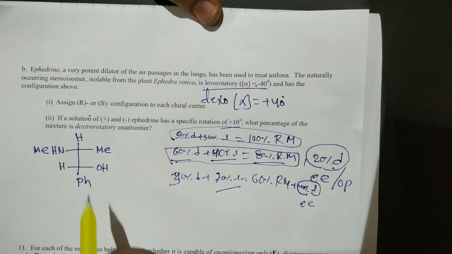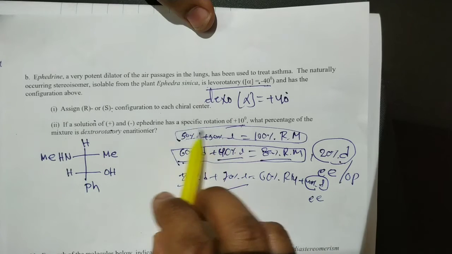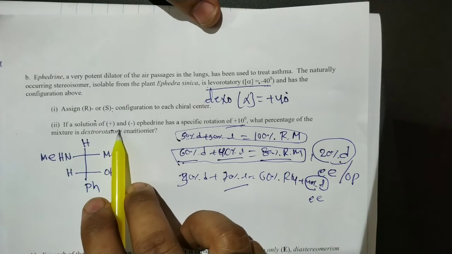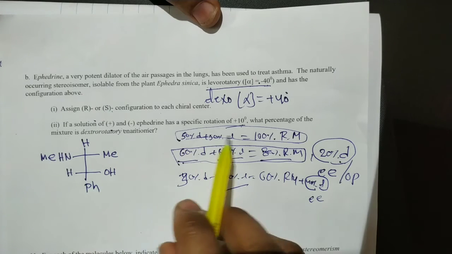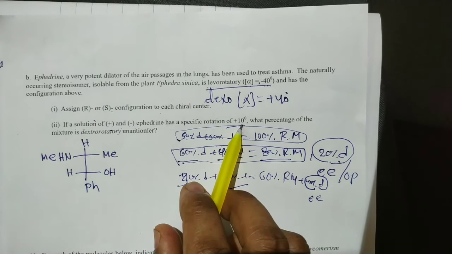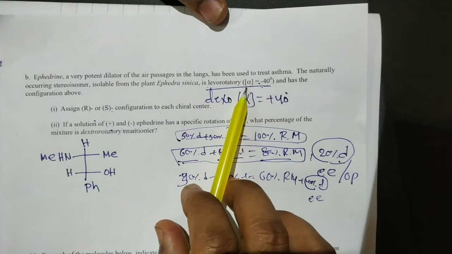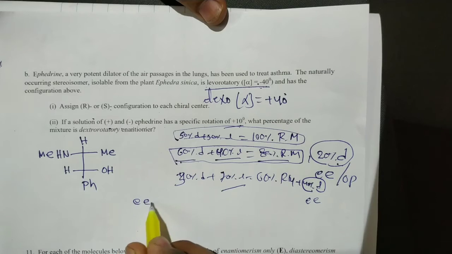Now the mixture has a specific rotation of plus 10 degrees. That means which isomer is present in excess amount? The dextro isomer is present in excess amount. Based on the specific rotation of the mixture and the specific rotation of the pure enantiomer, we have to calculate the enantiomeric excess or optical purity.